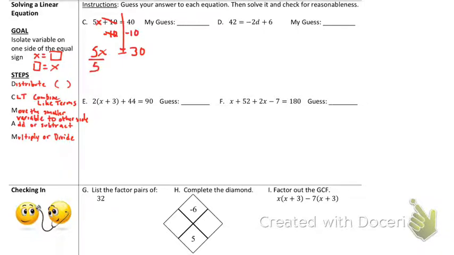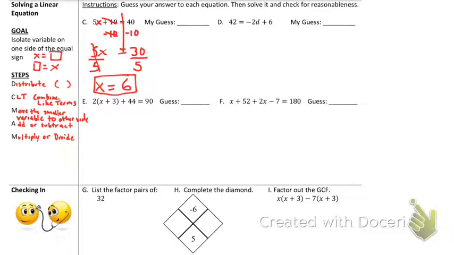And what I do to one side, I do the same thing to the other side. So that cancels out, and we have x equal to 6. And with x equal to 6, x is by itself, isolated, therefore this is my final answer. Okay?